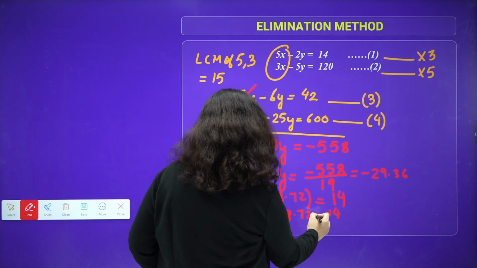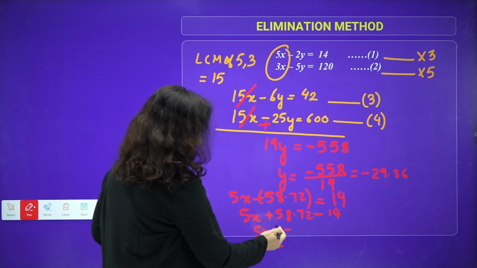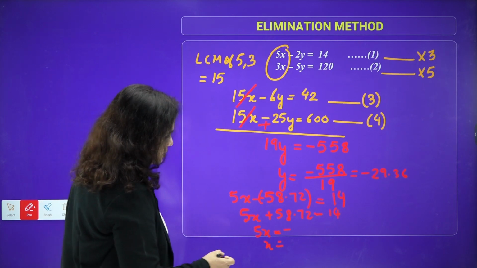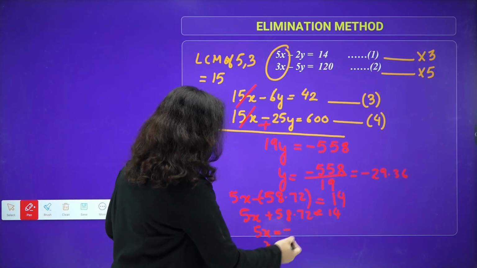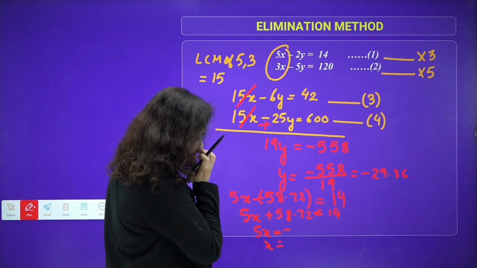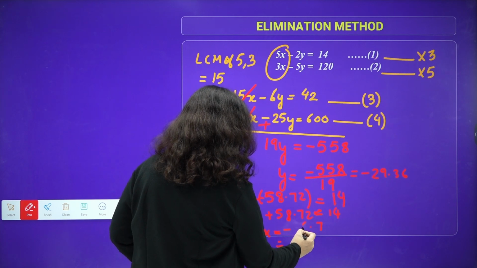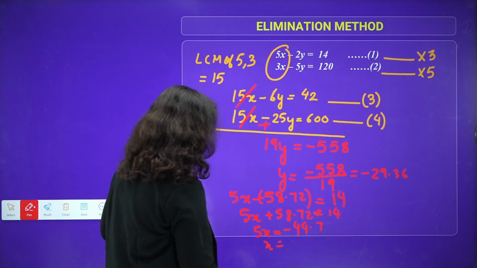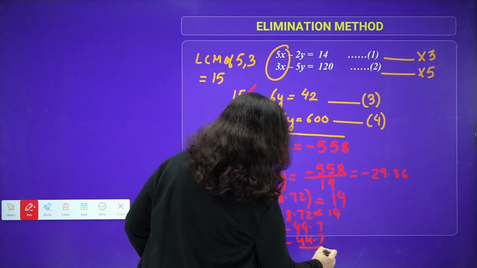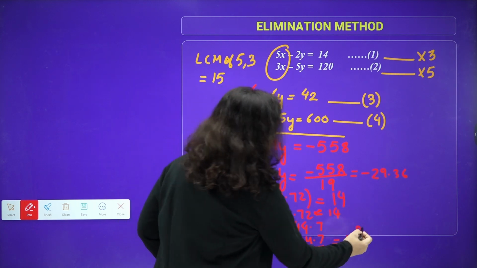5x plus 58.72 is equal to 14, then in the next step it will be 14 minus 58.72, that will become minus 44.7. So x will be minus 44.7 divided by 5, equal to minus 8.94.